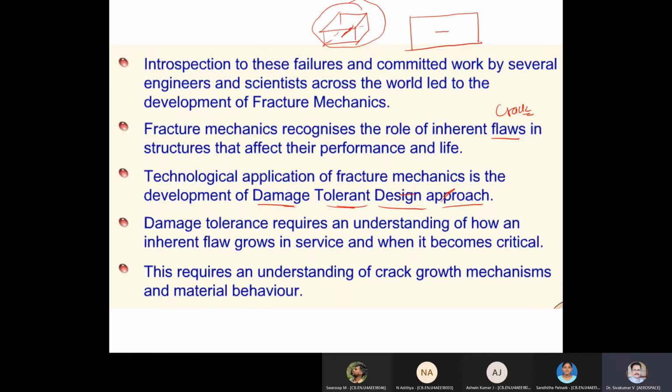So what will happen? Let us take aircraft manufacturing. I hope you know our HAL, Hindustan Aeronautics Limited.